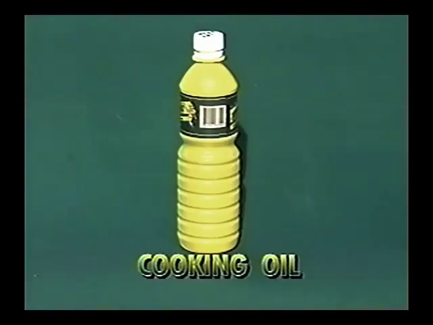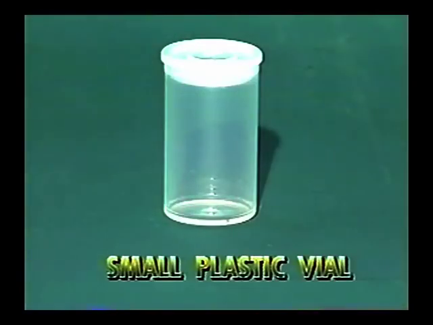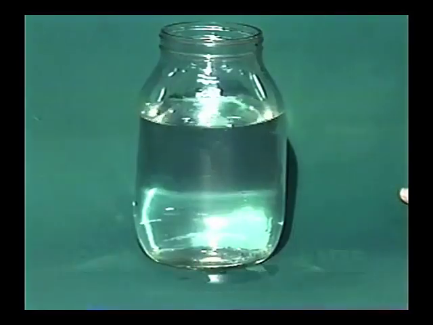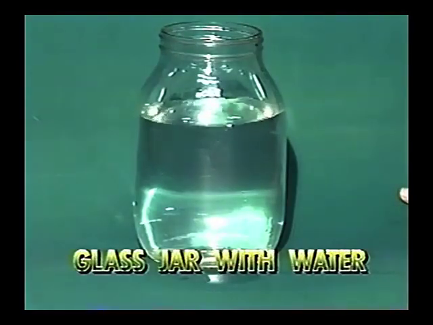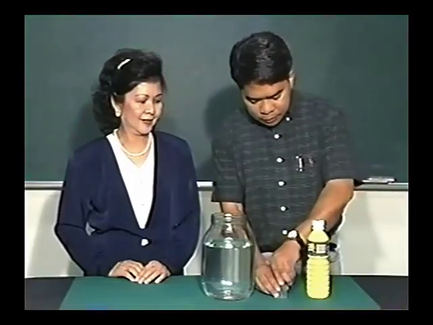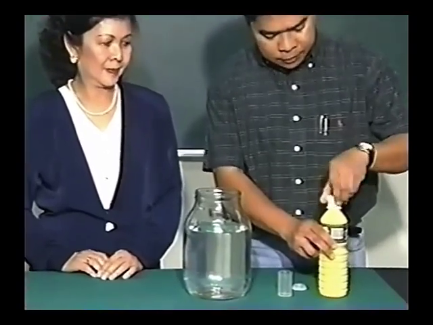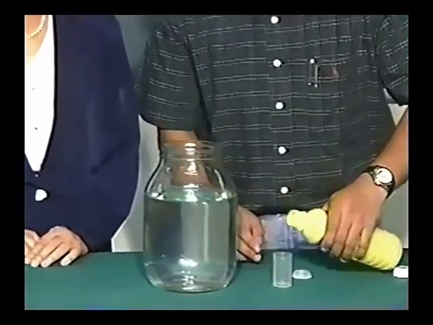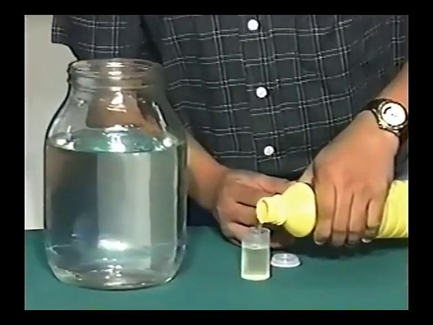Once again, we have Edmond Rosales here who will show us how rising magma can be simulated inside the classroom. Edmond? Okay, we have here cooking oil, a small plastic vial, and a glass jar with water. First, we put some oil inside this plastic vial.